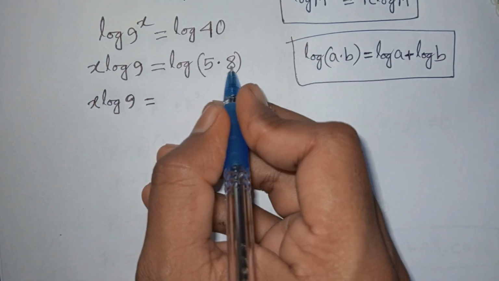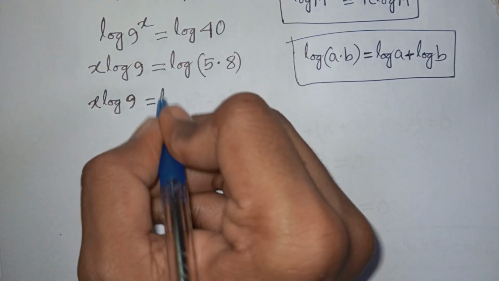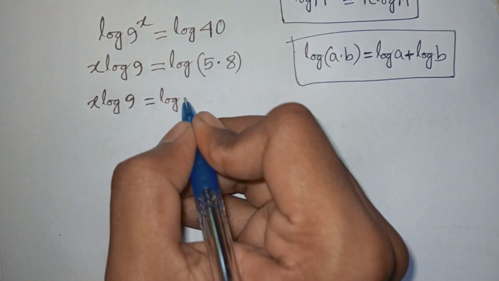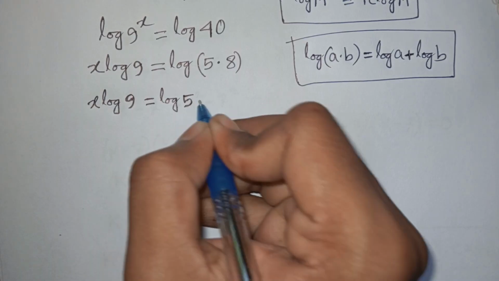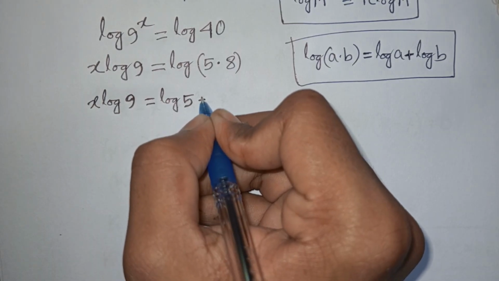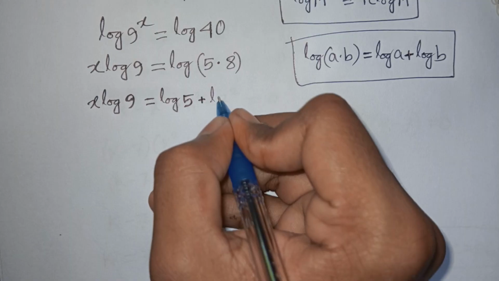The log of 5 times 8 is same as log 5 plus log 8.